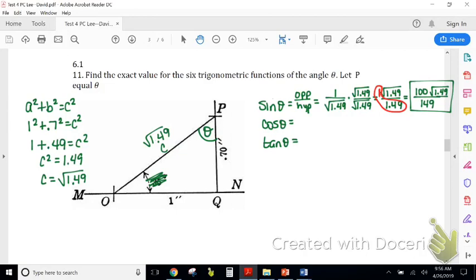And then cosine, what is that in terms of opposite, adjacent, hypotenuse? Good. And so my adjacent is over my hypotenuse. Can't have the radical on bottom.